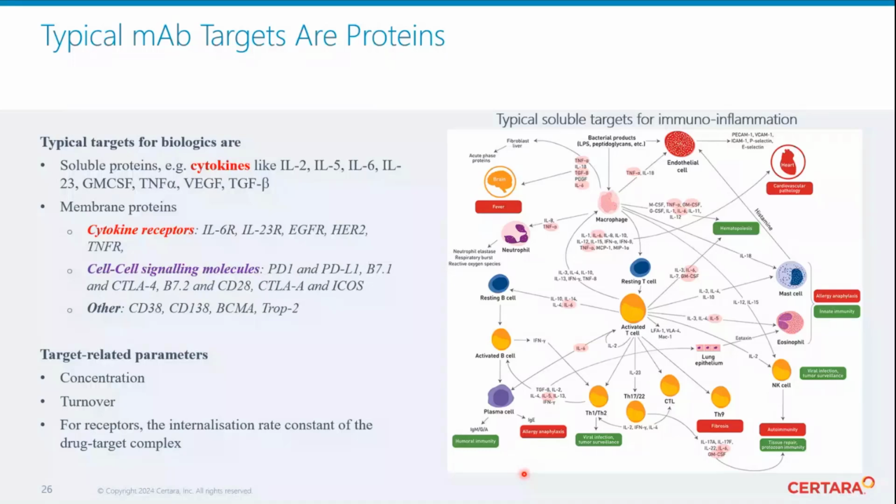Now, a few words about the targets. They can be soluble targets, mostly cytokines, and about 8, I think, are already approved. But you can see, cytokine targets are fairly poorly defined in the sense that this system is hugely redundant.